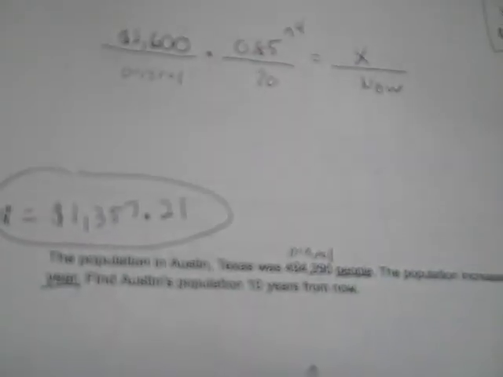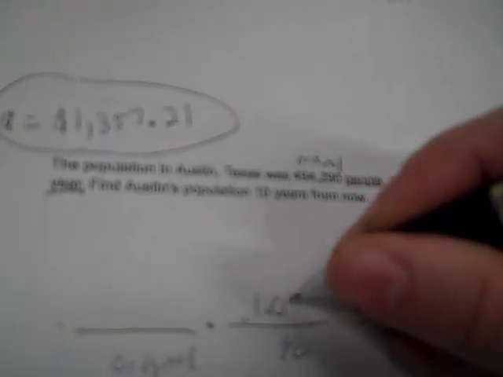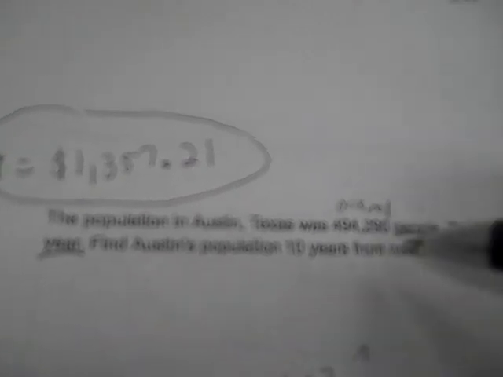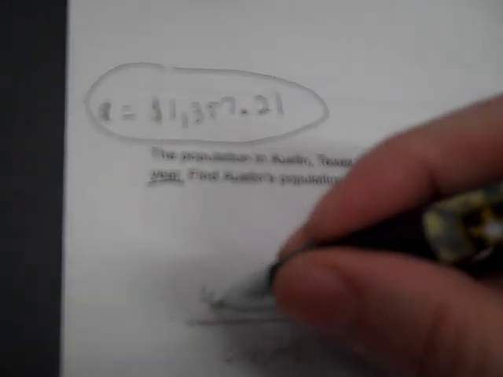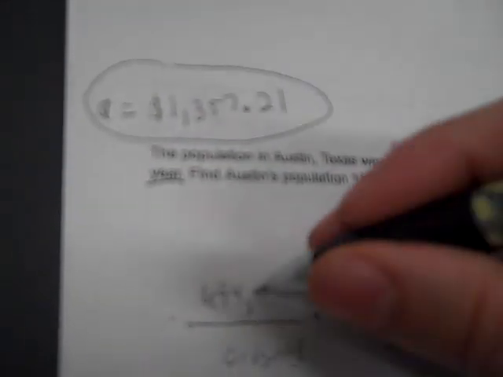You don't want to just put 103. Okay, 1.03 is what I came up with. And this is my original, 494,290. Okay, now we need an exponent because it says per year. Well, how many years we got? We got 10, okay? So it's to the 10th power, and x is the new.